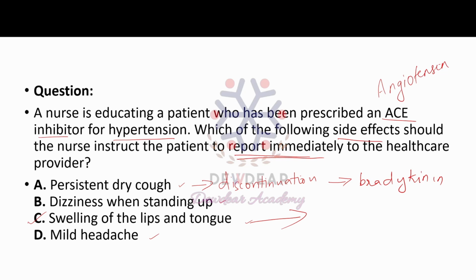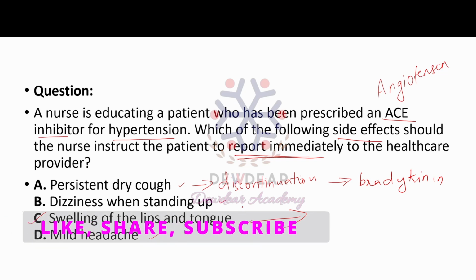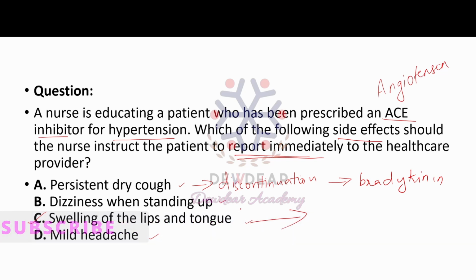The second option is dizziness when standing up. Another side effect is hypotension, which may occur mainly after the first dose of an ACE inhibitor. It can cause a significant drop in blood pressure, and the dizziness occurs because of this blood pressure lowering effect.